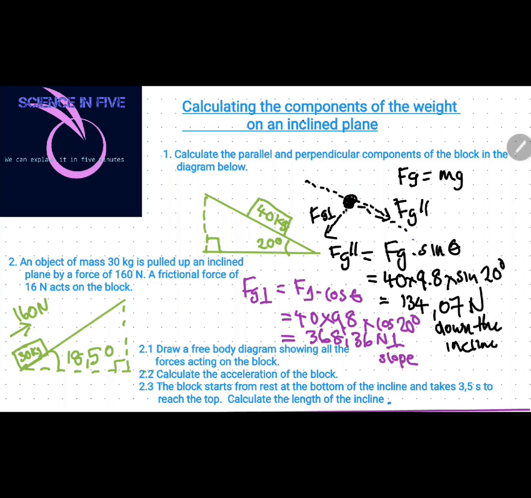That is how you can calculate the parallel and perpendicular components. All you have to do is use those formulas: Fg parallel equals Fg sine theta, and Fg perpendicular equals Fg cos theta.